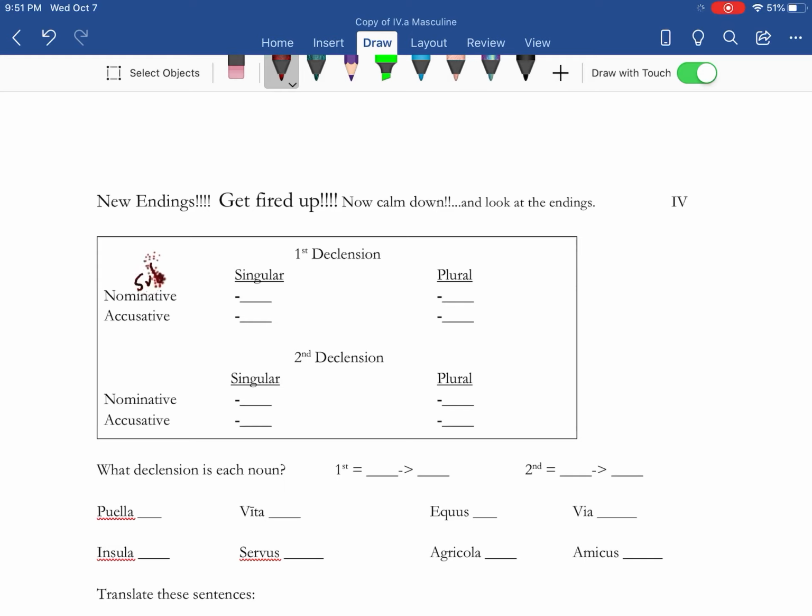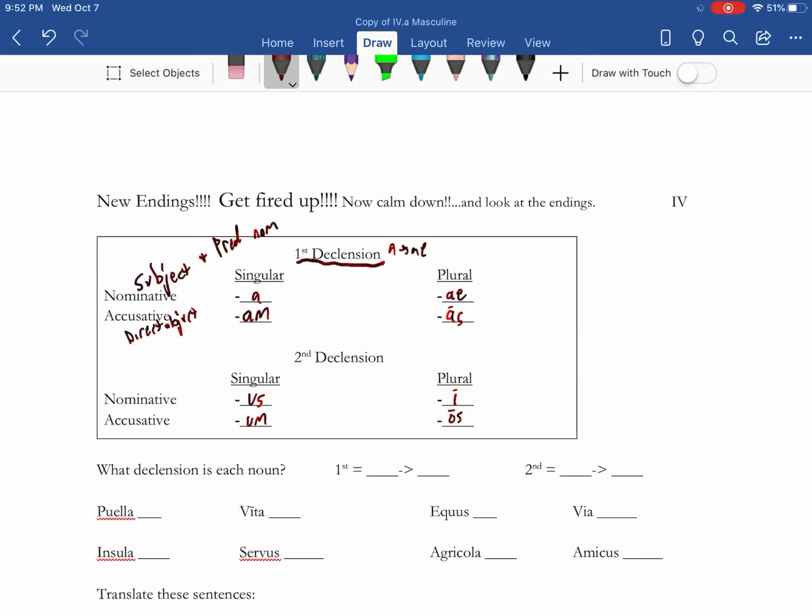First, I'm going to point out nominative, if you recall, is the subject, or predicate nominative. And the accusative is the direct object. And in first declension, A to AE, you have A and AE, AM, AS, and now down here, you've got US and I, and you've got UM and OS.